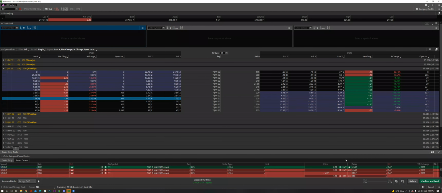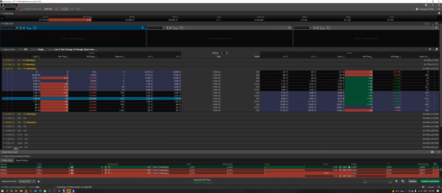So 2.10, when the target is 219.26, buy the one contract for January 7.